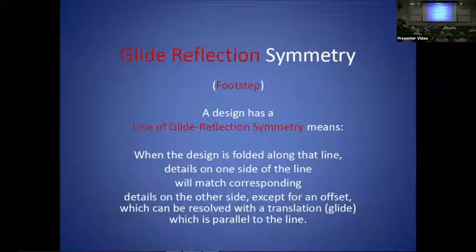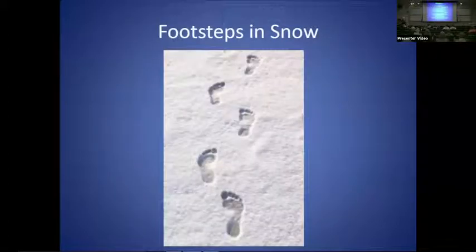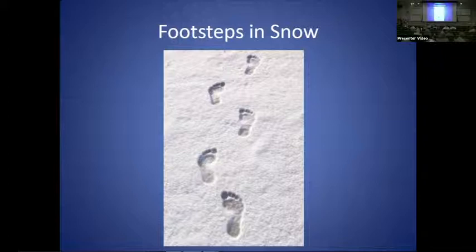Glide reflection or footstep symmetry, I talked about briefly, but here's an example. I saw lots of examples of footsteps in the snow where the footprints were made with boots or shoes, but I found this one rather surprising. I probably wouldn't do that, at least not on a real cold day, walk barefoot.